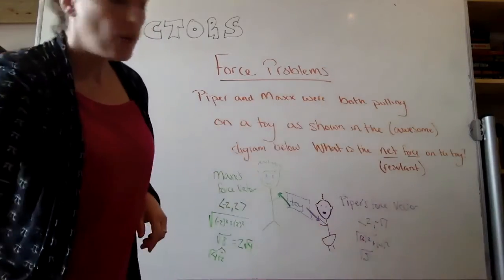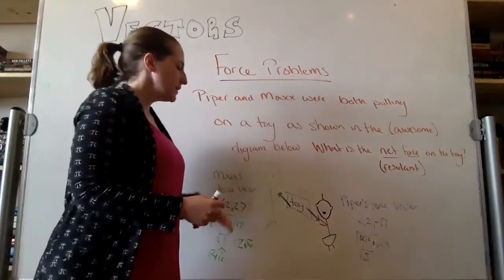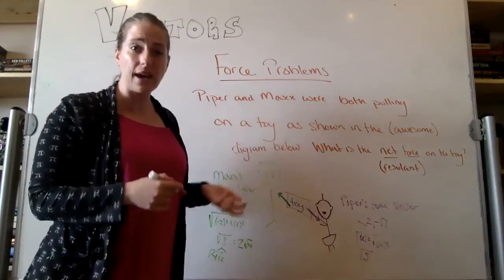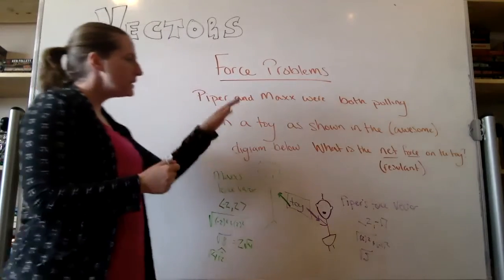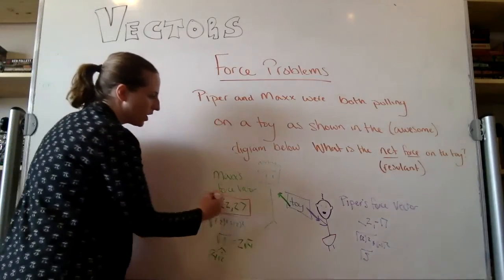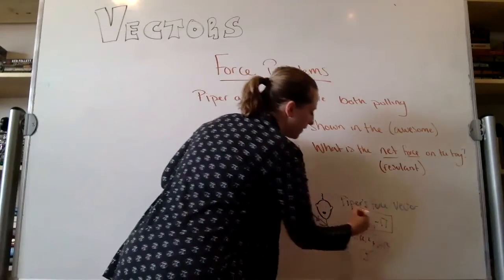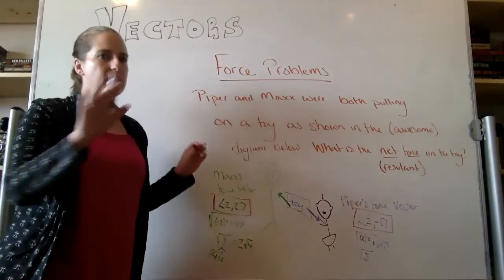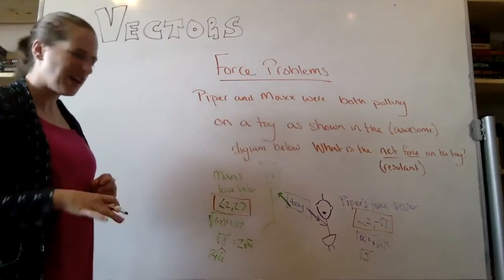Now, the resultant force is going to represent the net force on the toy. It's also going to tell us how the toy actually moves. To get the resultant force, we just add together all of the forces that are acting on the toy. For this, we're neglecting the force of gravity, any kind of air friction or anything like that. We do that a lot in physics.